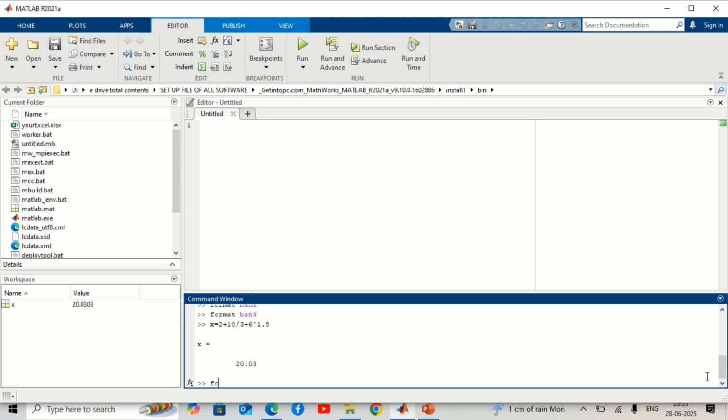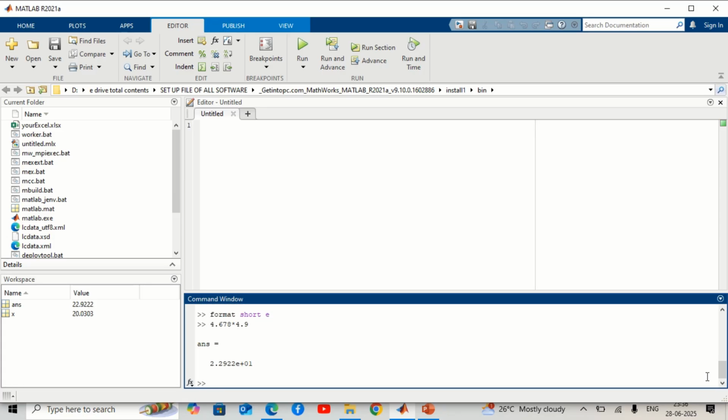When we write format short e and press enter, then we write 4.678 into 4.9 and press enter.